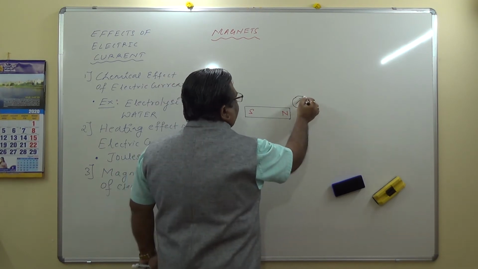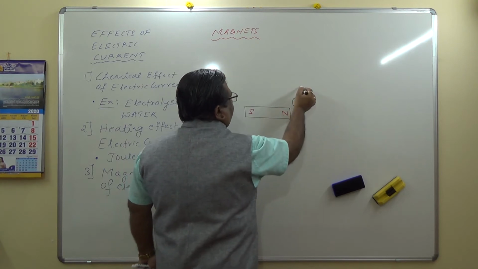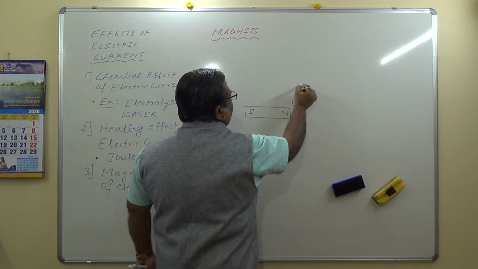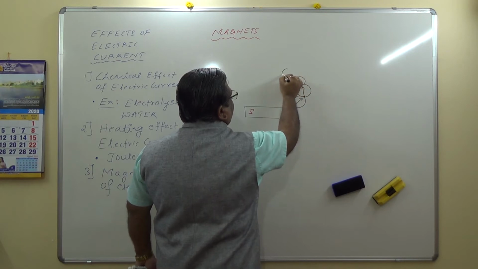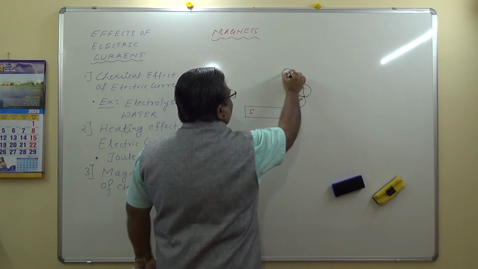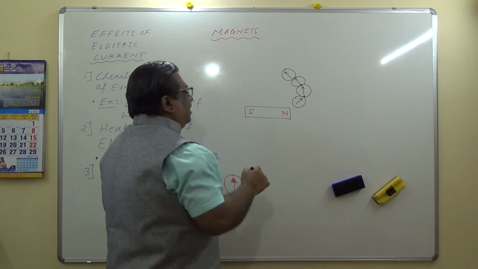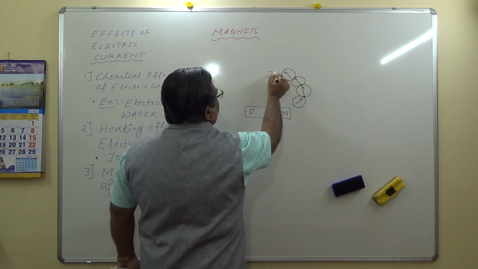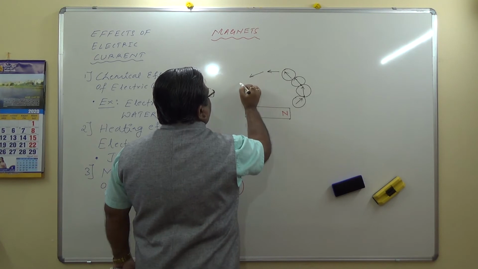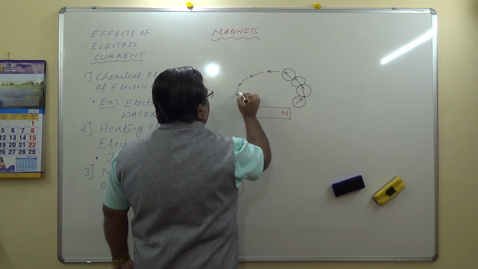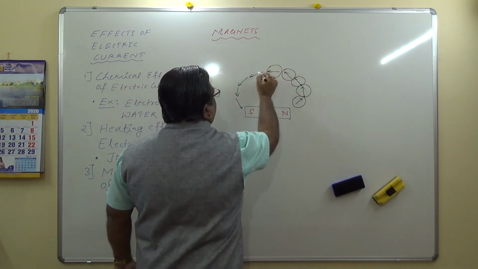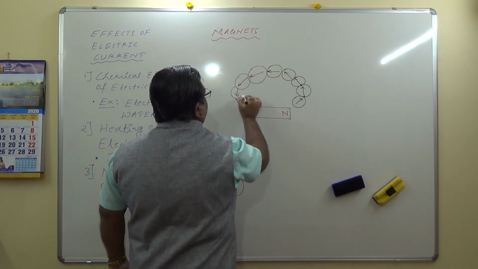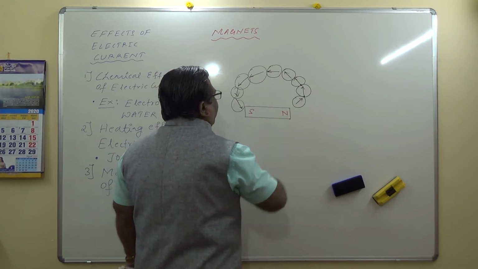Mark this as a point and shift the compass. If you keep it once again over here, it may point something like this. Keep it over here, once again it may point something like this. Shift the compass, it may point something like this. You got it? This is how we can observe the direction of the magnetic field lines. These are the compass positions which we have shifted and arrived at.